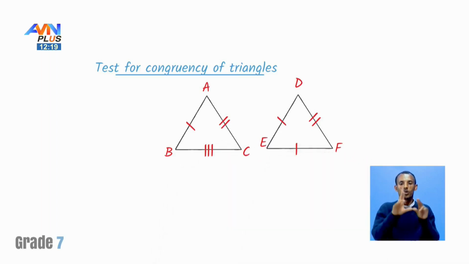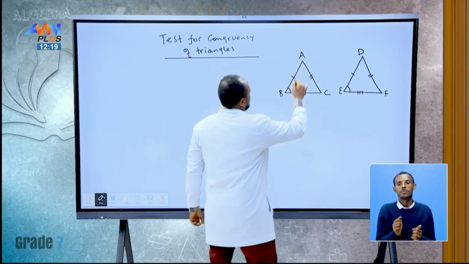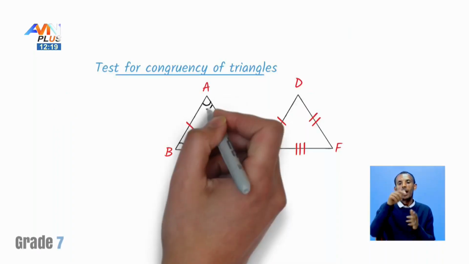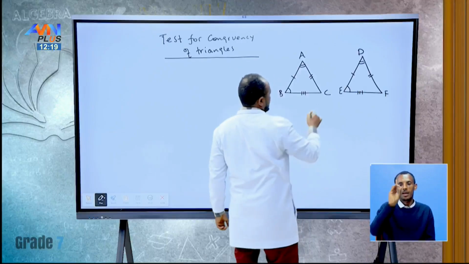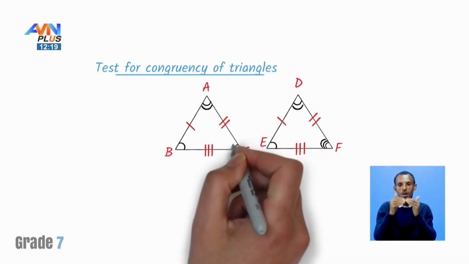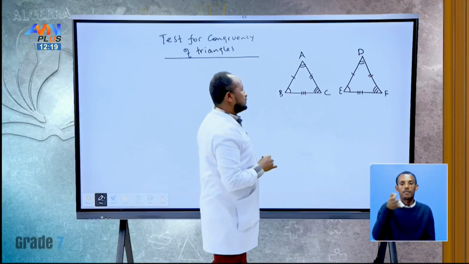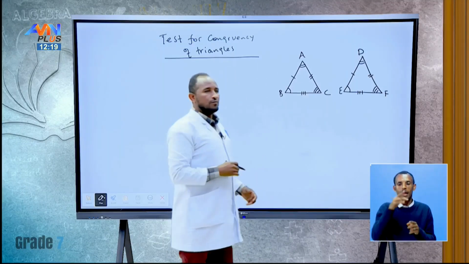Not only that, their corresponding angles, this angle must be congruent to this one, and again this angle must be congruent to this one, and this angle must be congruent to this one. So if this happens, the two triangles are the exact copy of one another.